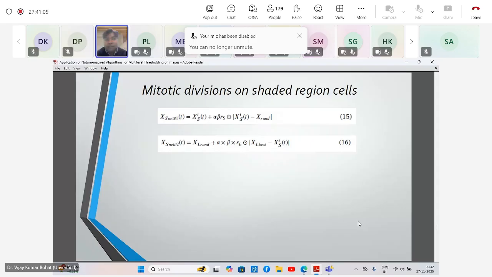We take a random cell, calculate its distance from X_S best, and then apply alpha beta R5. R5 is again a random number, 2 rand minus 1, for X_S new.